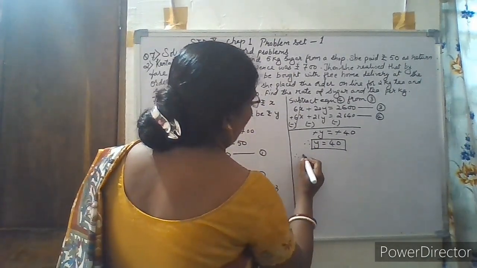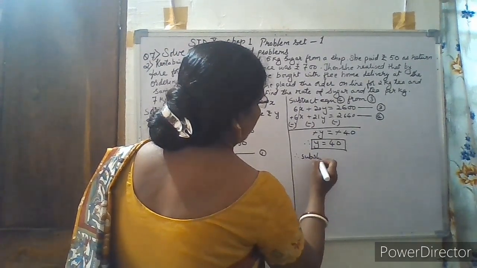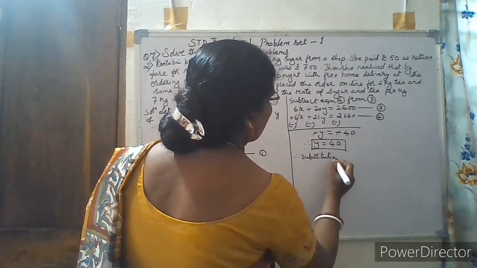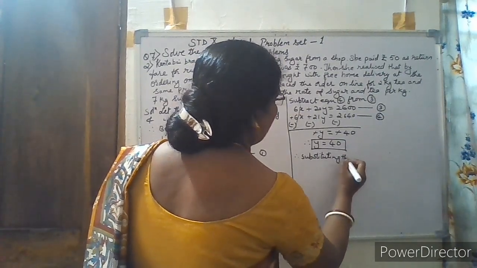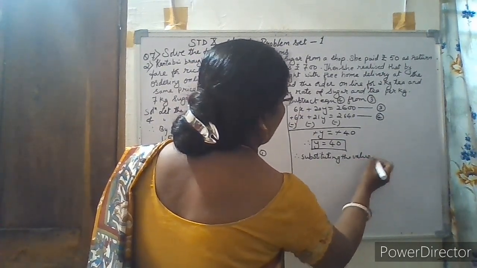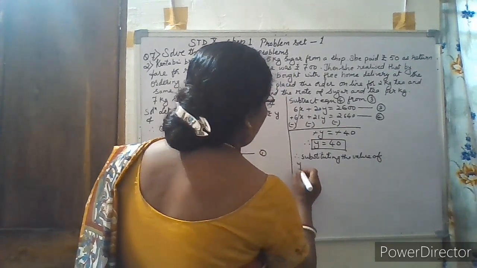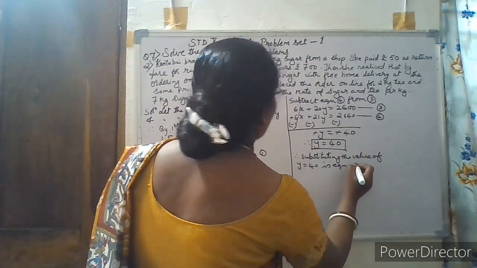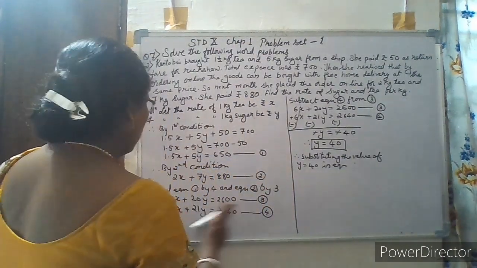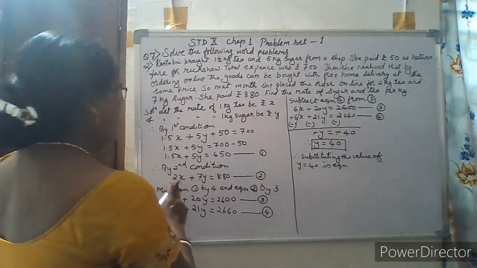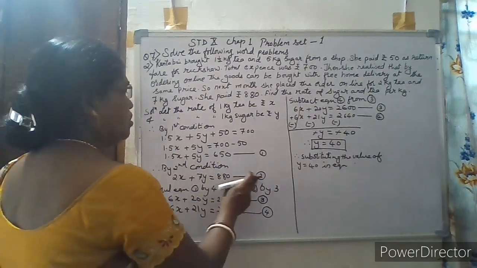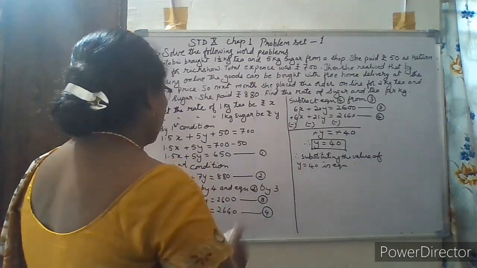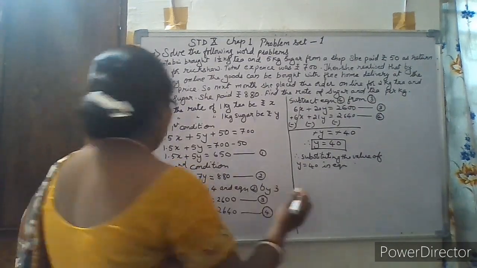Therefore, substituting the value of y equal to 40 in an equation, let us take the easiest equation. So let us take equation 2, or we can take equation 3 also. Let us take equation 2.